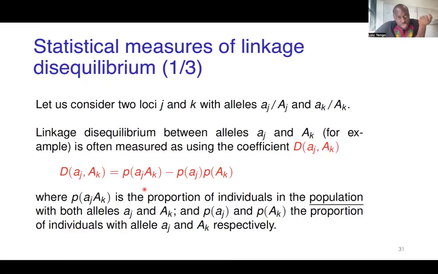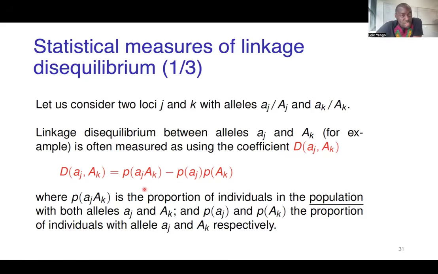But then I'm going to contrast this with the frequency of that particular combination if transmission of allele small a_J and allele capital A_K were completely random. If there is no correlation at all, you would expect that transmission to be random, such that the frequency of that combination would simply be the product of the frequency of the one allele times the frequency of the other allele, right?